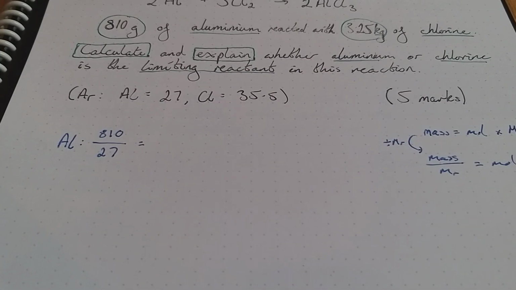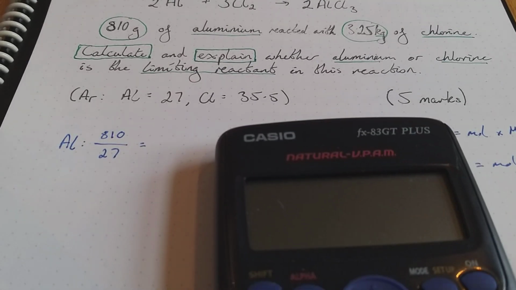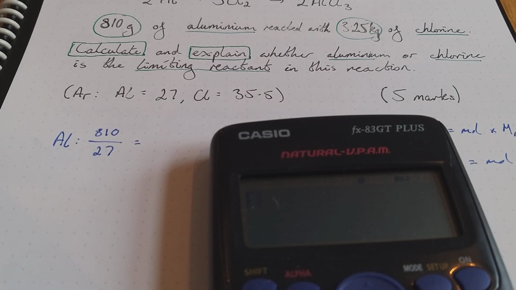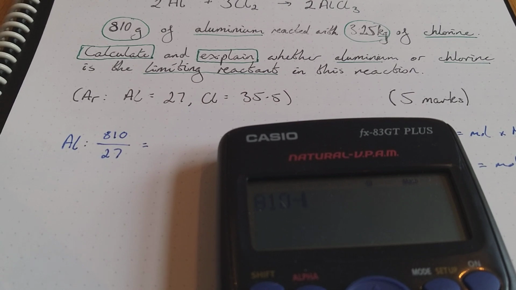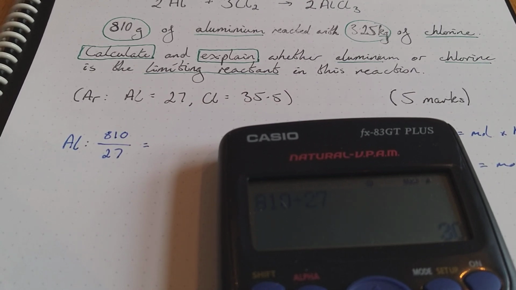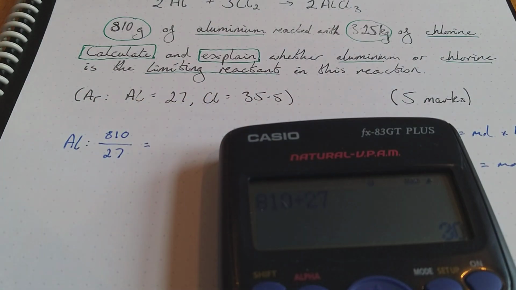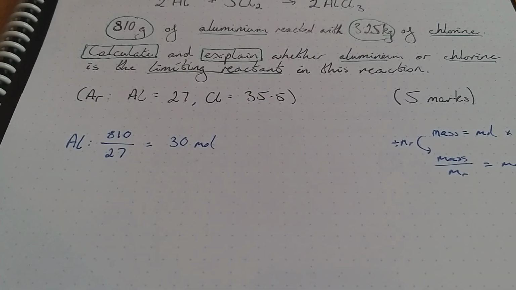So we pop that into our calculator. 810 divided by 27. And that tells us that we are using 30 moles. So we've got 30 moles of aluminium.